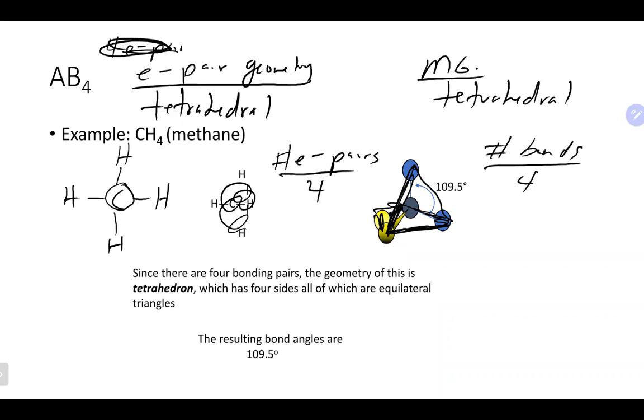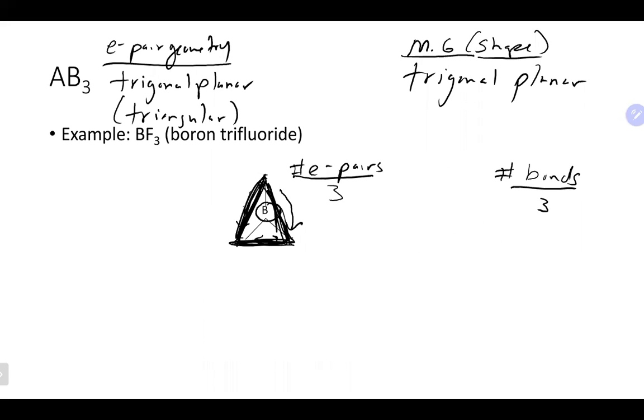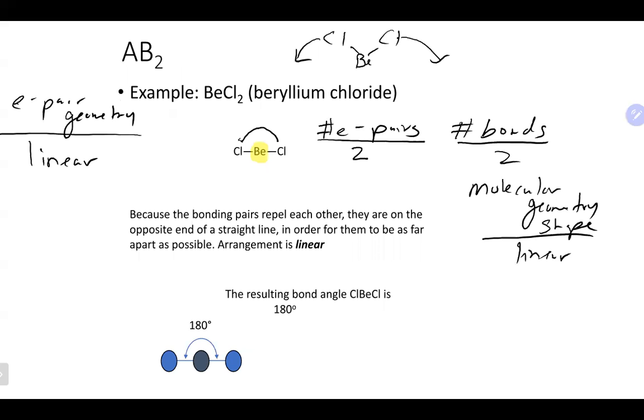Both of the names are exactly the same, and that is because the only type of electrons we have in this example, and in the previous examples, are bonding electrons, which means the electron pairs around the central atom are all attached to the atoms themselves. So as those electron pairs move, so does the overall shape of the molecule, exactly the same way.